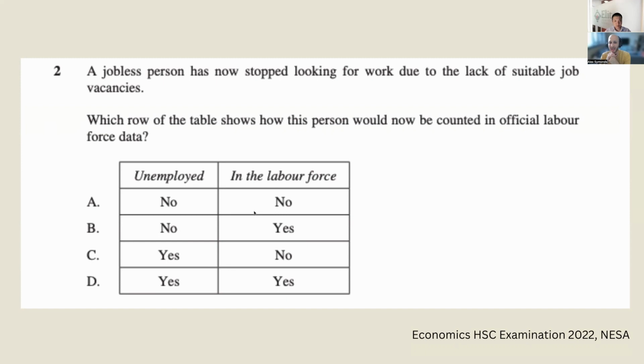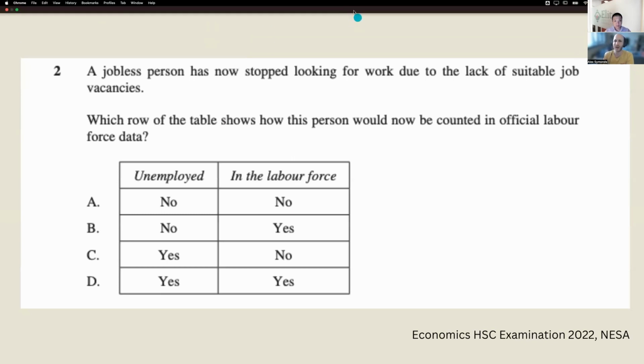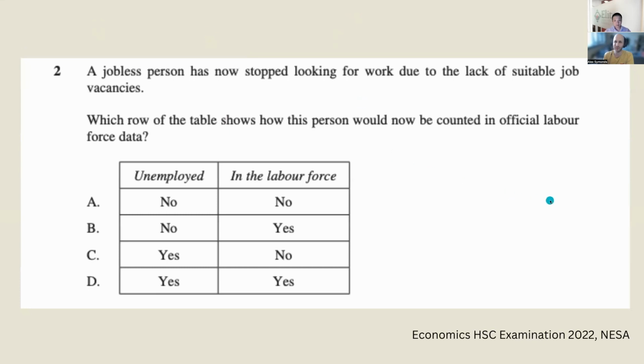I think they're potentially trying to trick you, so that with this jobless person you think, they're going to be considered unemployed. But because we've thought about it before the answer categories, we're getting our mind into the right state to then go ahead and deal with it. I think that can be really helpful.